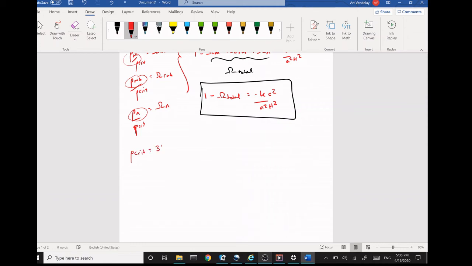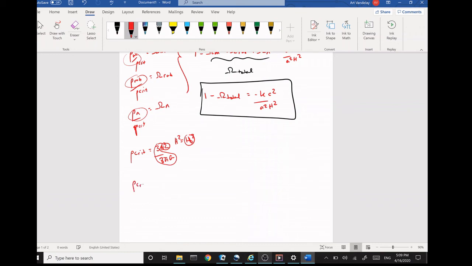Since this is 3h squared over 8 pi g, 3 over 8 pi g is just a constant. So the only thing we need to get rho crit is h. And as we've said, today that is also a constant. Today, h squared is basically just h naught squared because of dark energy. And so all we need to do is measure this h naught term, which we don't quite have yet, but we're close.